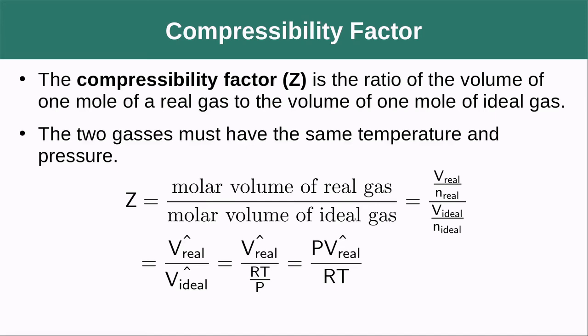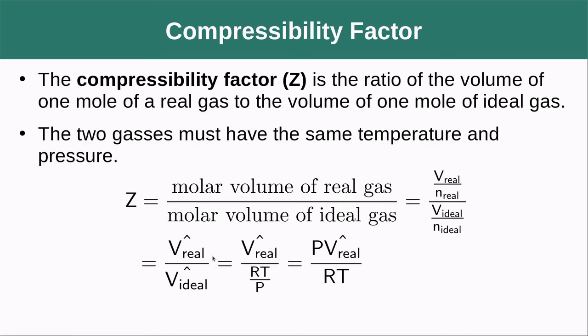The two gases must have the same temperature and pressure. So we get the molar volume of a real gas divided by the molar volume of an ideal gas. Molar volume means the volume divided by the number of moles, and you put these little carets above it when you have the molar volume.